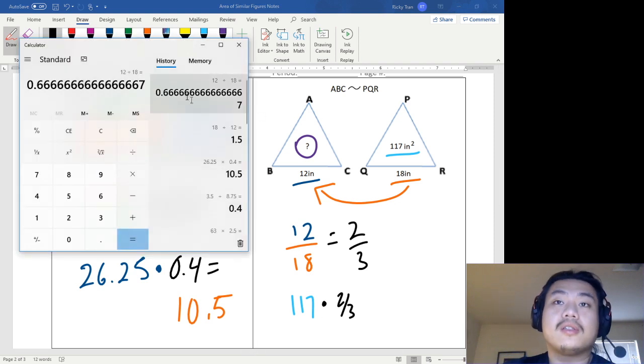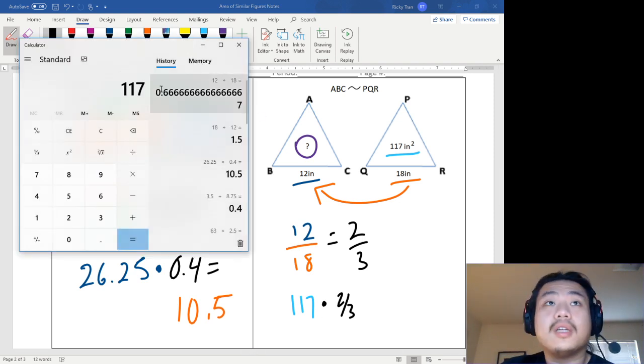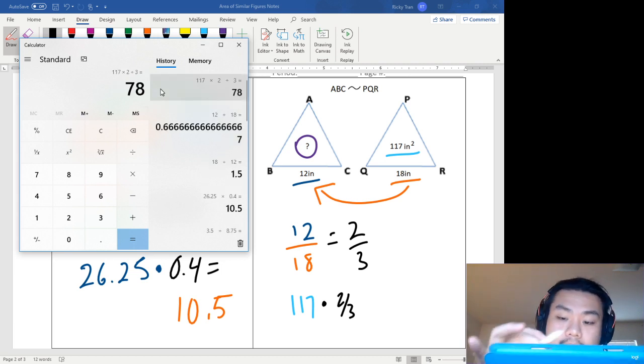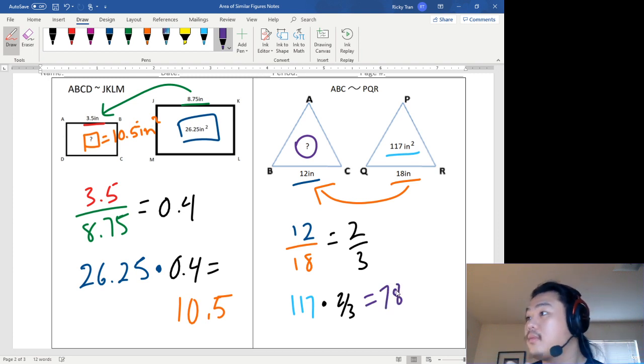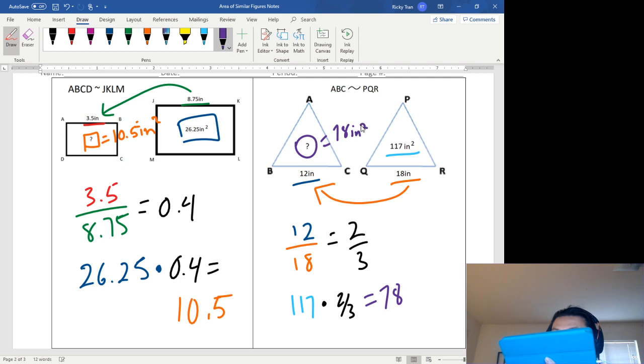Very simple. You just take 117 times 2 divided by 3. 78. All right, so this is 78 inches squared.